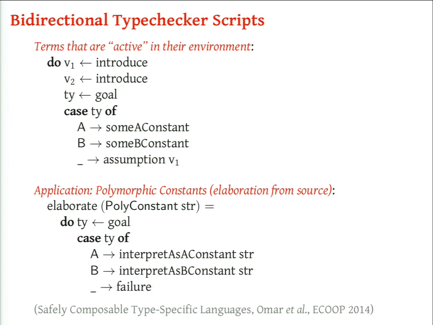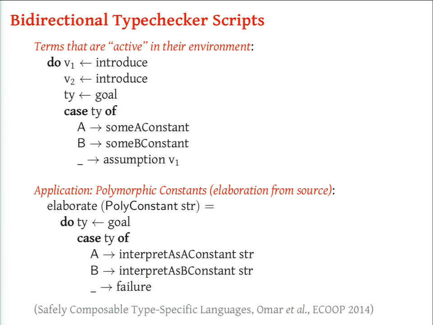So this sounds like it might be a bit sloppy, but there's this nice paper from ECOOP last year, safely composable type-specific languages, where they use this kind of power to be able to have custom facilities for having literals within the programming language. So you have a string or something which is in the programming language, and you don't know whether to interpret that string as a bit of HTML or a bit of SQL or something like that.